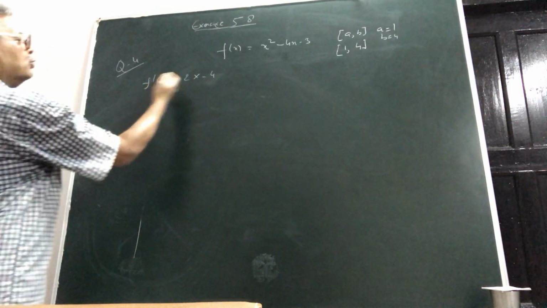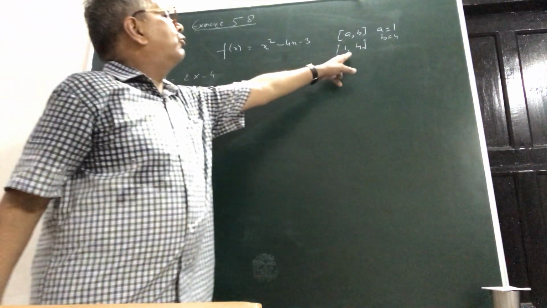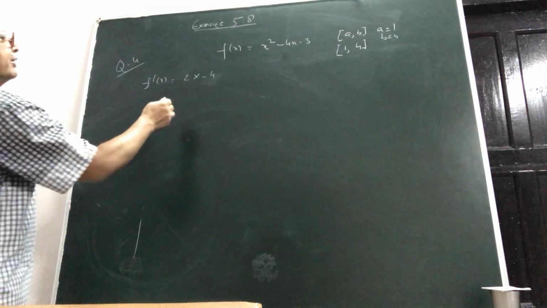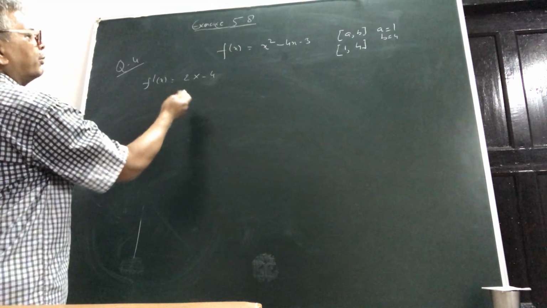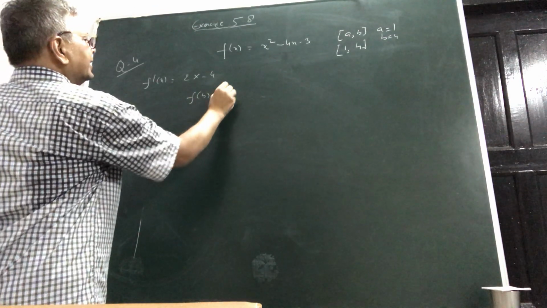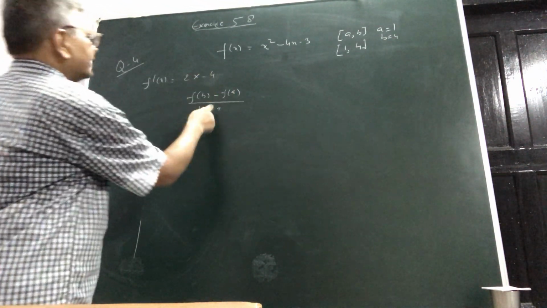Therefore, you now have to search for a point in the open interval 1 to 4 where the slope of the tangent will be parallel to f(b) minus f(a) upon b minus a. Let us see what it is.